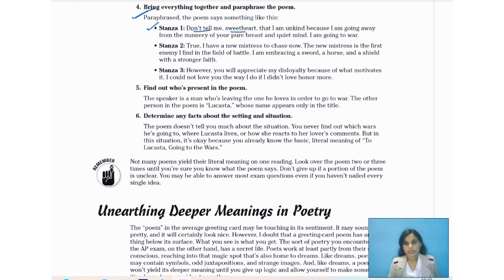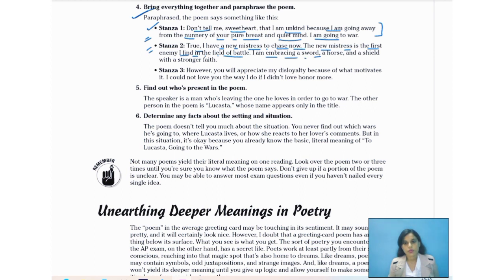"Don't tell me, sweetheart, that I'm unkind because I'm going away from the nunnery of your pure breast and quiet mind. I'm going to war." So this is what stanza 1 is trying to say. We have already understood this one. Stanza 2 says, "True, I have a new mistress to chase now. The new mistress is the first enemy I find in the field of battle.